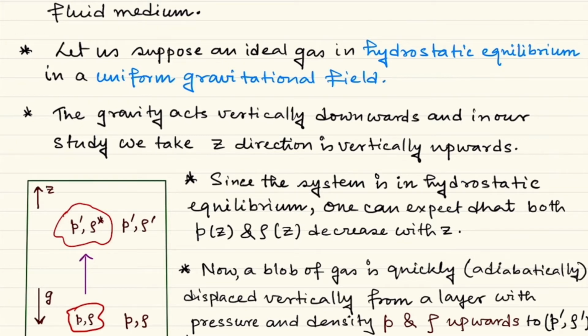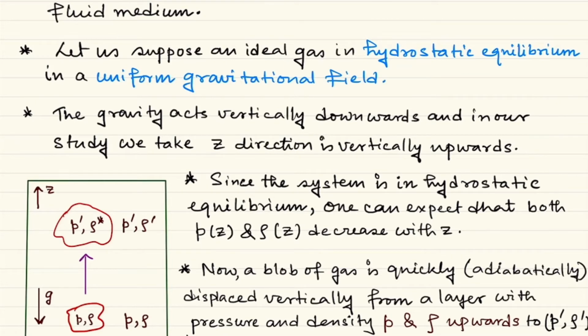Now the system is in hydrostatic equilibrium, that is our assumption. So one can simply expect, if you remember our discussion of hydrostatic equilibrium, that both the pressure and density decrease with z, and actually you can see a stratification. Okay, so it's a layer type of stratified fluid, where P and rho both are decreasing as a function of z, and we try to perturb that system.